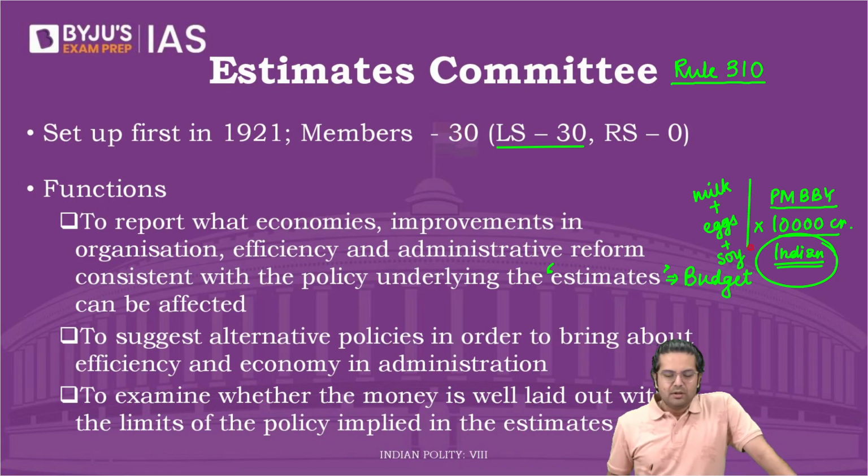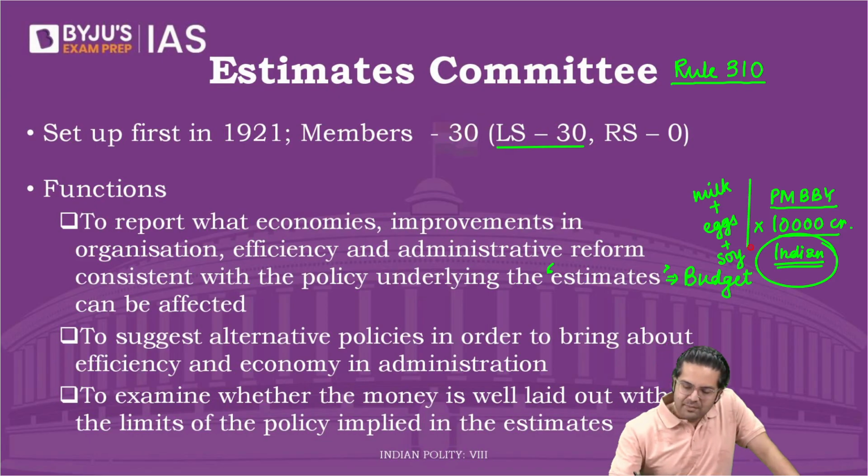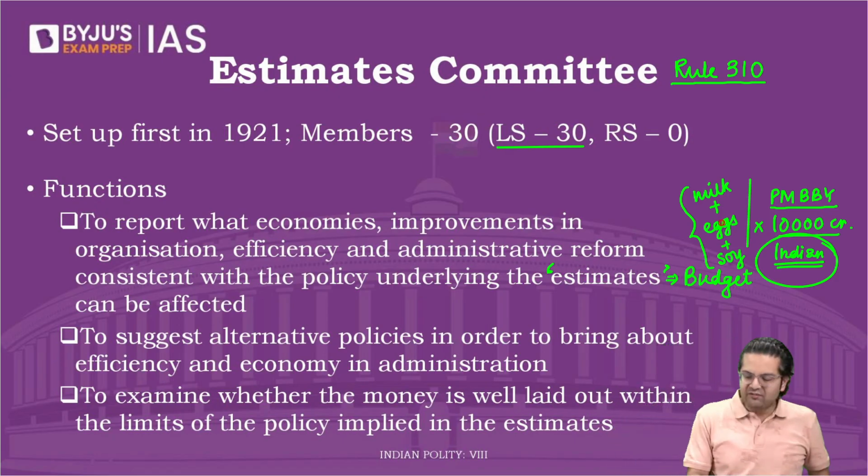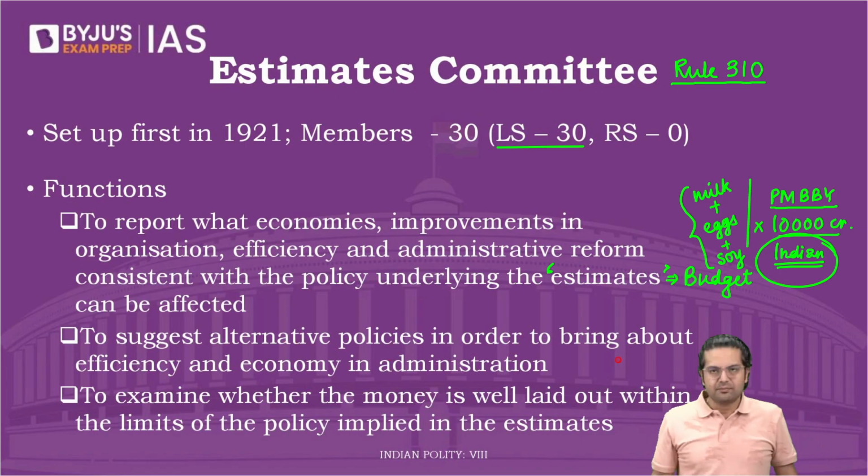So I am telling you, do one thing. Yes, protein powder is good, but let us also try to supplement the midday meal, the meal of the kid, with milk, eggs, or soy, right? To give the kid an alternative. So, suggesting alternative policies in order to bring about efficiency in economy and administration.